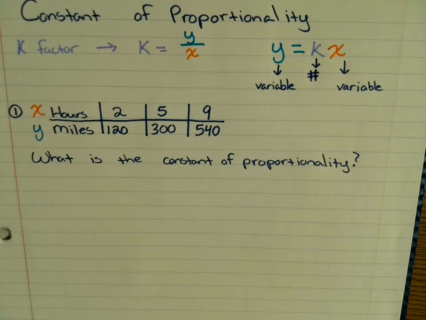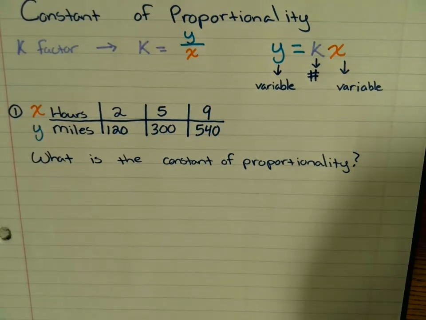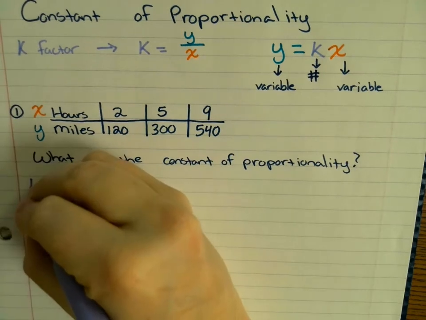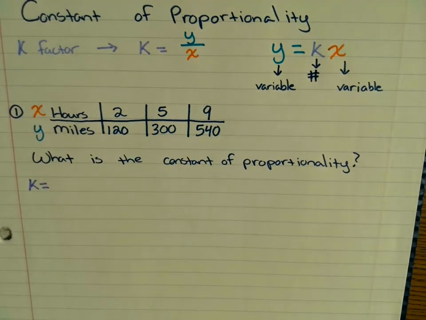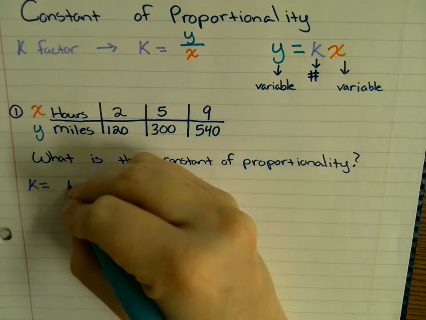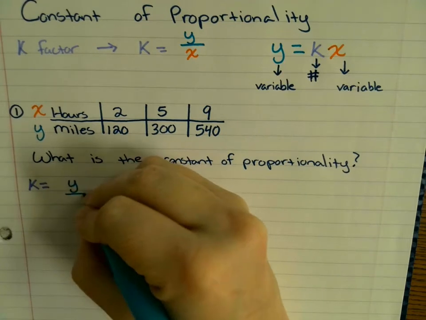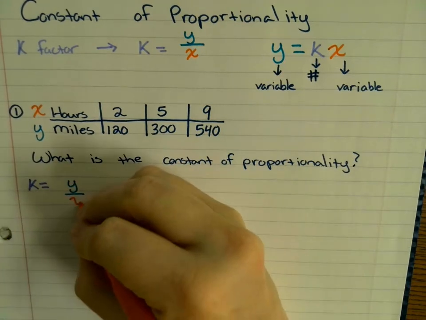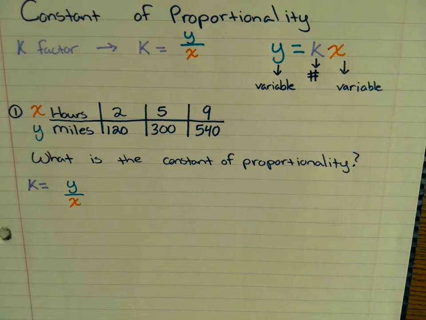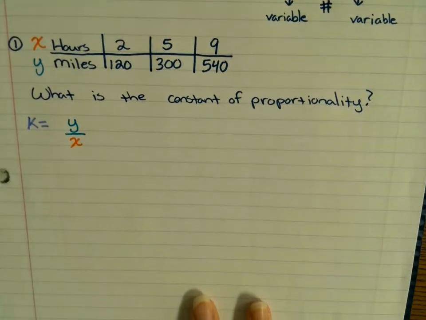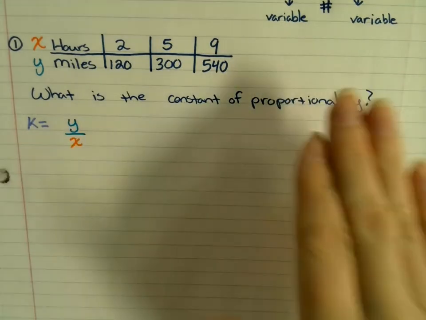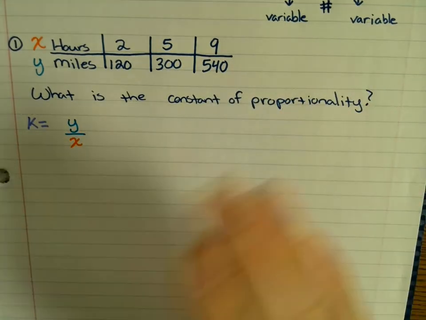So when I'm trying to set up my value for k, again, k can be found by taking your y over your x. It does not matter which y you use and which x you use as long as they pair up.